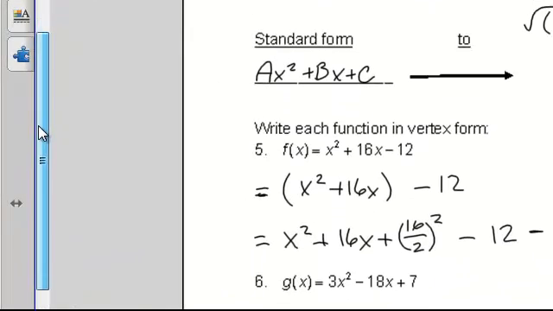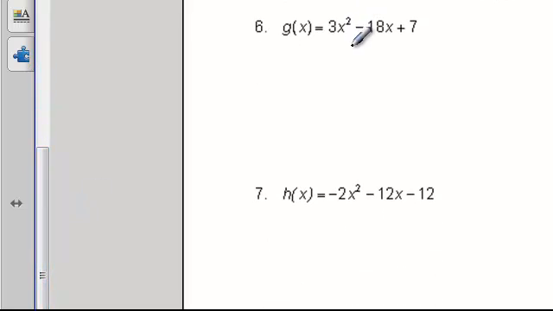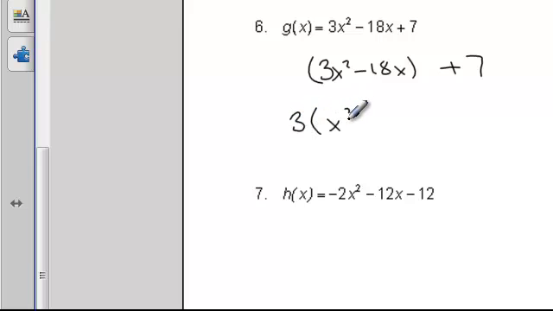Let's look at another example to make sure that we've got it before moving on. Okay, again we're going to group 3x squared minus 18x plus 7. I'm going to factor out my a, so that's going to be 3 times x squared minus 6x plus 7.